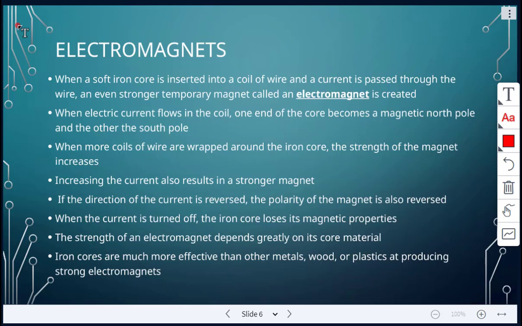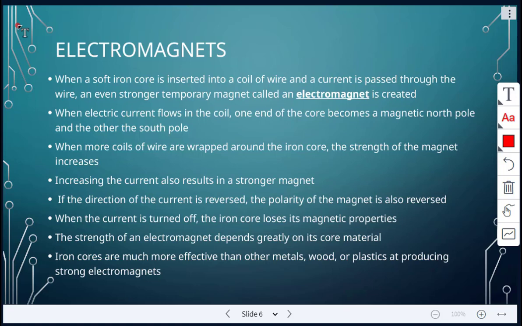electromagnets. When you take a soft iron core and insert it into a coil of wire and a current is passed through the wire, you get a strong temporary magnet called an electromagnet. When electric current is flowing in the coil, one end becomes the magnetic north pole and the other becomes the south pole.